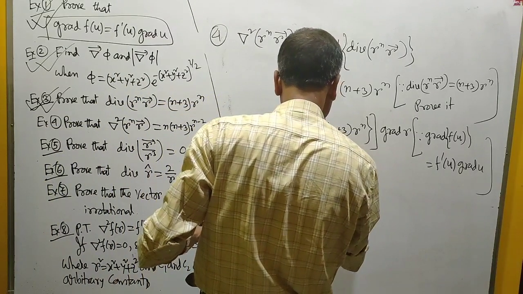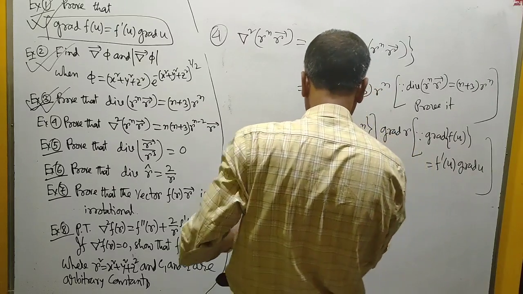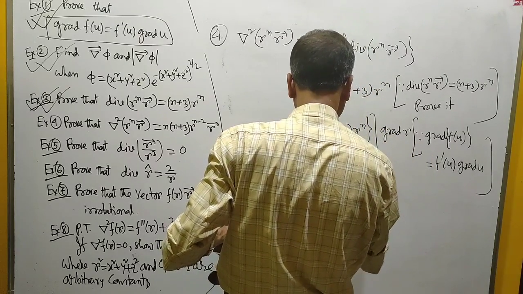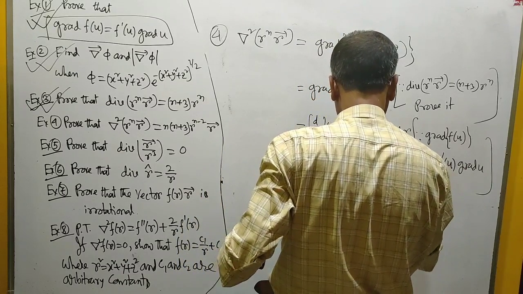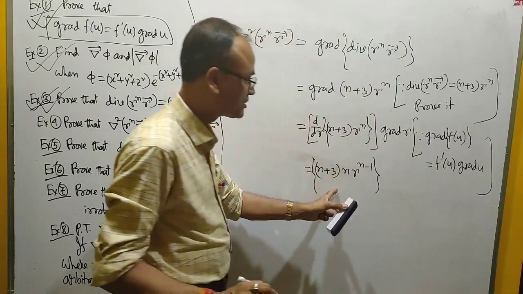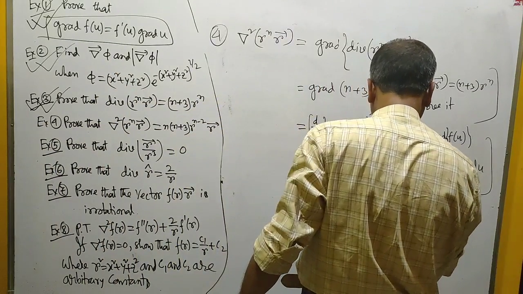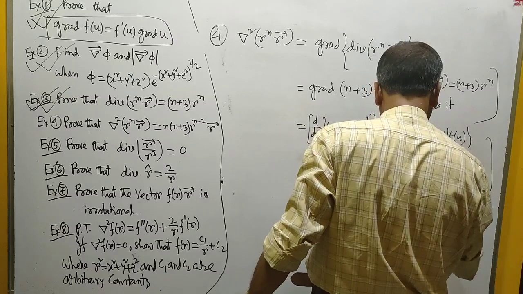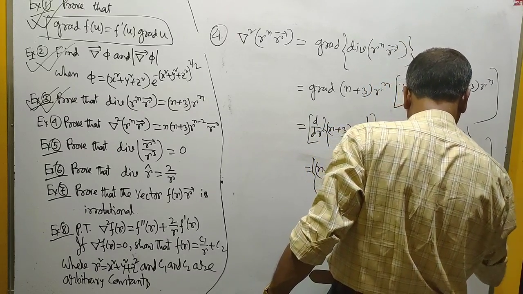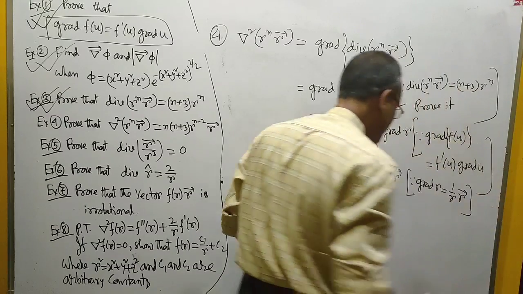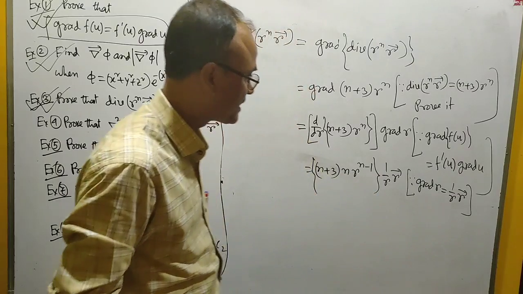This is equal to n plus 3 times n r to the power n minus 1. For gradient of r, you will get 1 by r r vector, since gradient of r equals 1 by r r vector. It has been proved many times in my class.